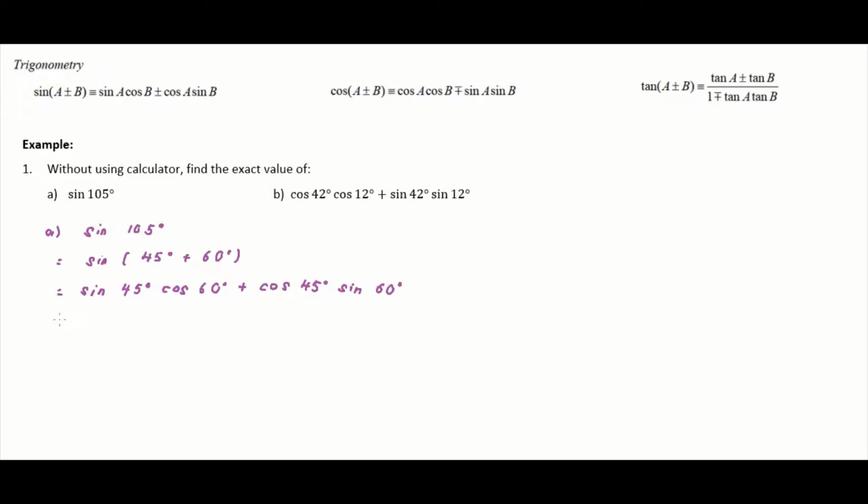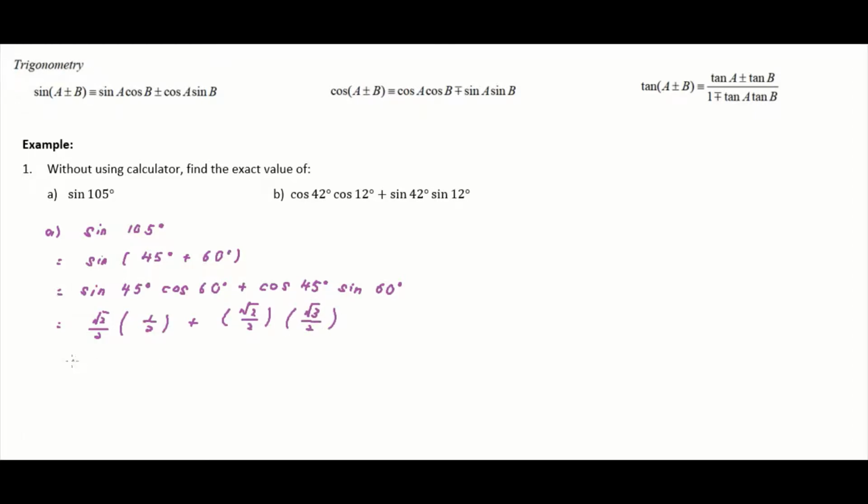Okay, then after that you have all these values, which means that you can find the values for the special angles already. So sine 45 will give you square root 2 over 2, cos 60 is 1 over 2, and then plus cos 45, another square root 2 over 2, then sine 60, which is square root 3 over 2.